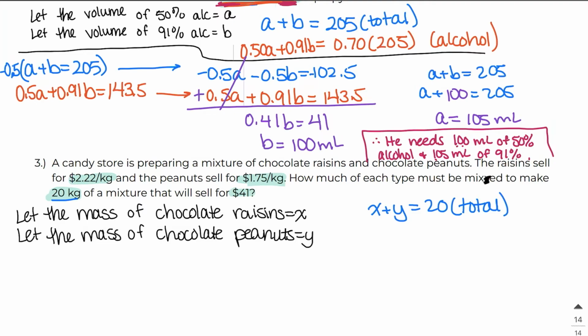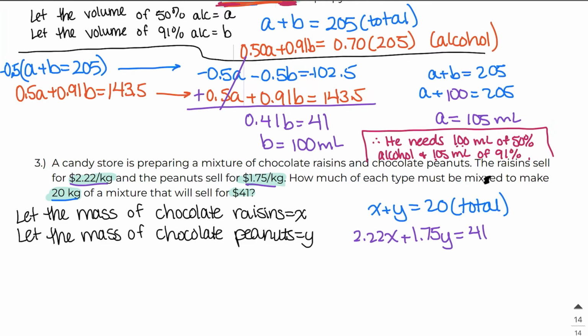Okay. But this is where things get a little bit different. It's $2.22 per kilogram for the raisins. So I'm going to say 2.22X. And it's $1.75 per kilogram for the peanuts. So I'm going to do $1.75 times Y. And that altogether is how much I am paying for the total amount. So this right here would be $41.